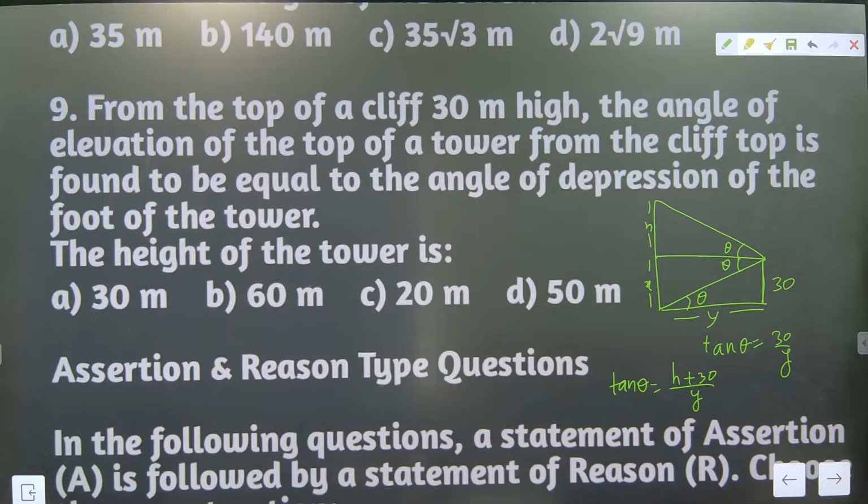Correct? So here we are going to understand this one. This part is y, which is equal to 30 by tan theta. So tan theta is equal to h plus 30 by y, and y is 30 by tan theta. Understood? So this will go up.